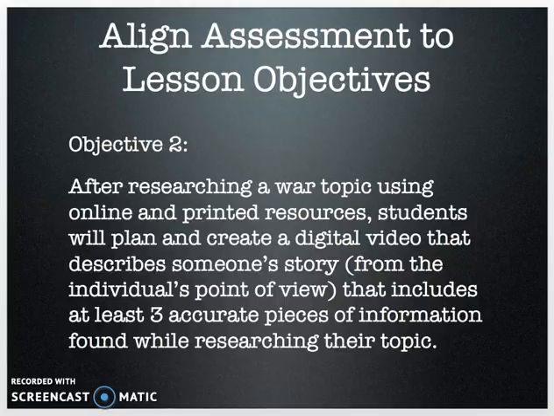That's objective 2, a little bit different. This one does focus on the technology a little bit, because they're going to plan and create a digital video or digital story that describes this story. But that's fair. It's still very focused on the content that they're learning.